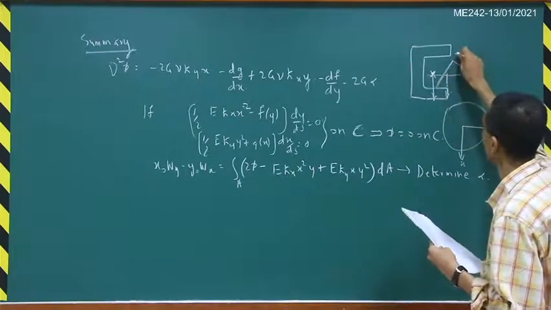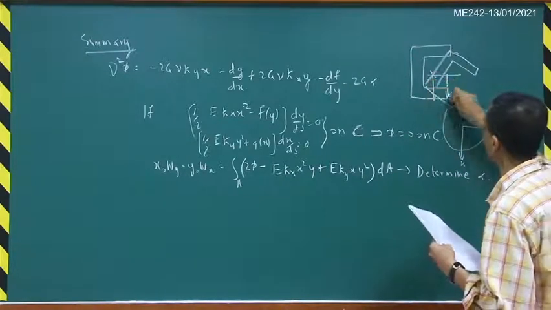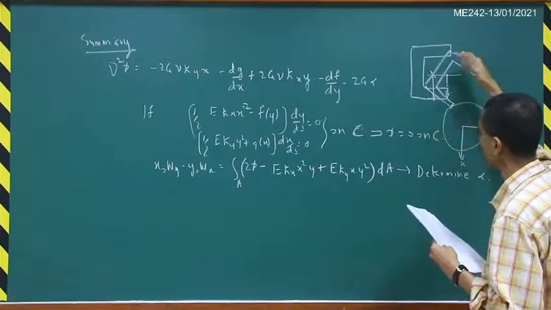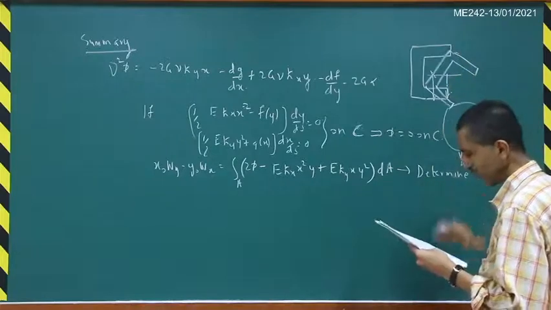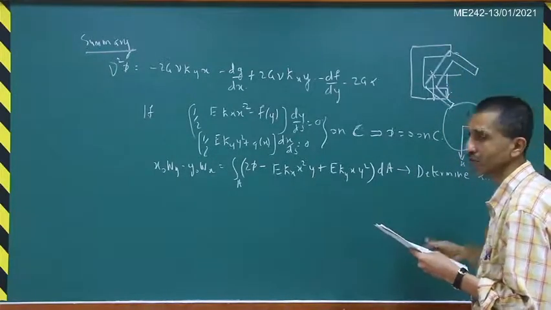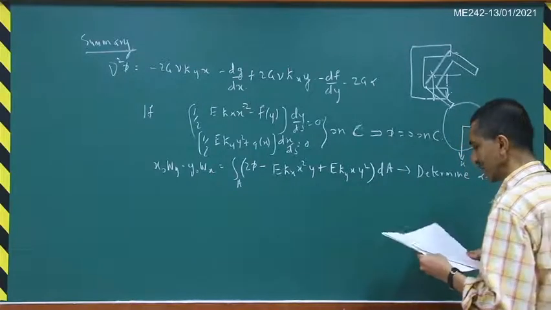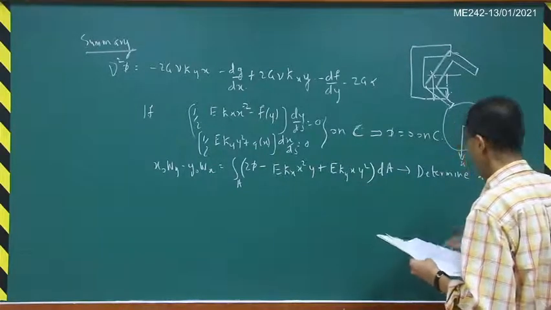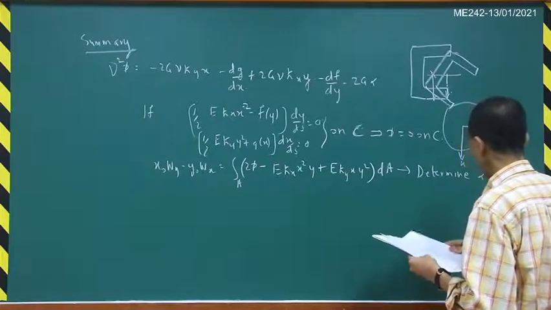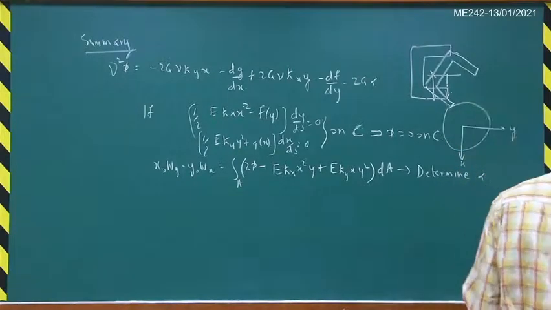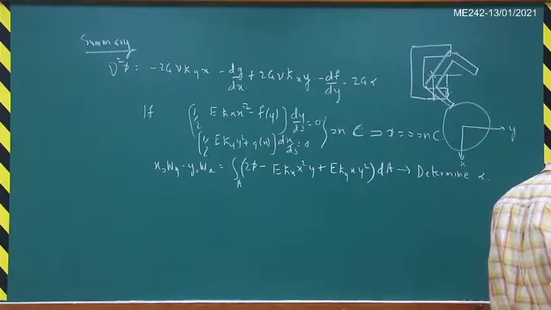So the cross section will twist in addition to bending. We are going to discuss this concept of the shear center or center of flexure today, based on this alpha value basically. So let us continue on that particular discussion here.